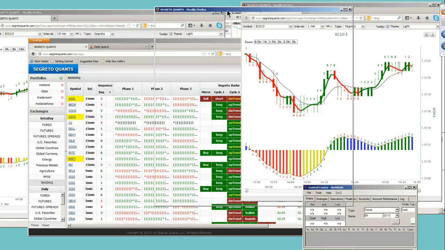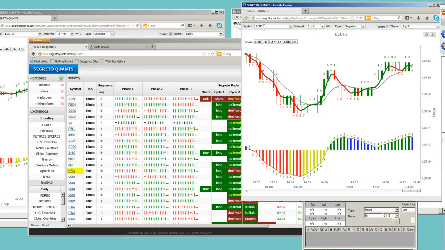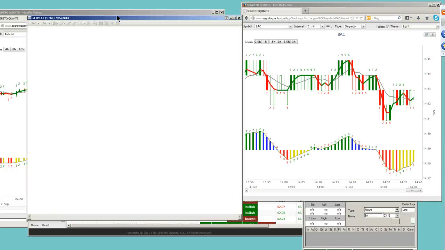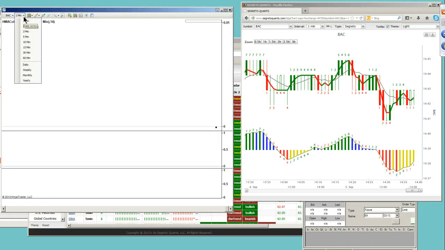And so now I can change my chart. Let me just get rid of Segredo for a second. I think BAC is in here somewhere.